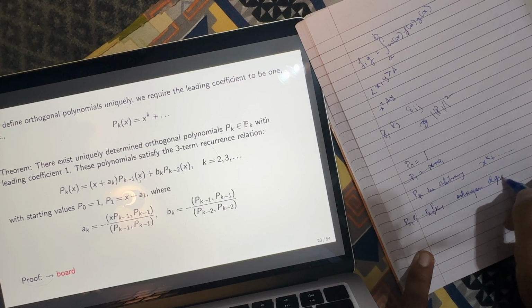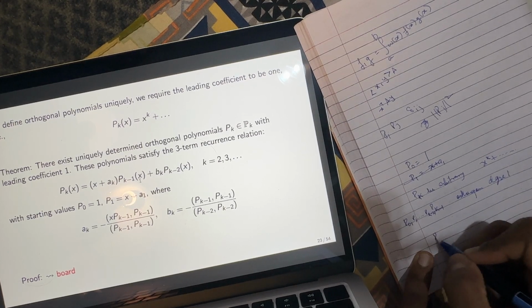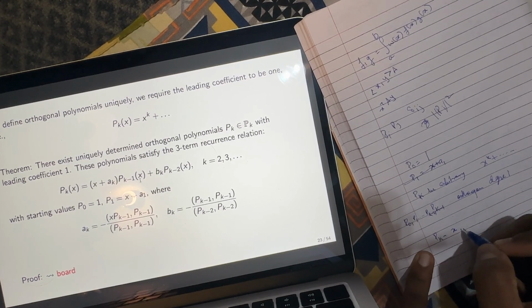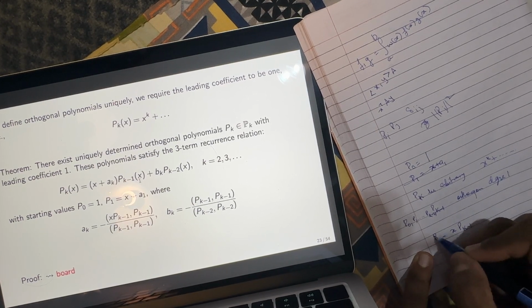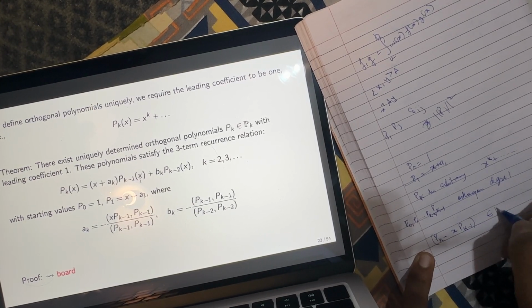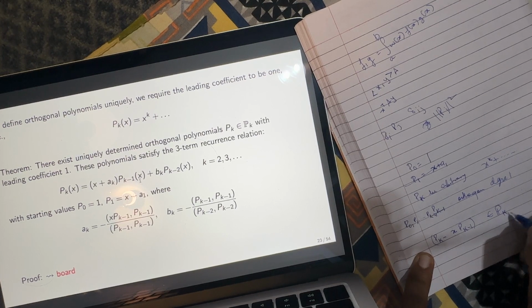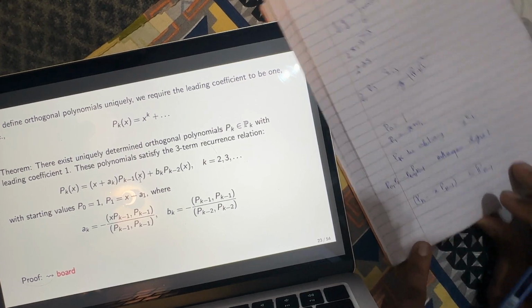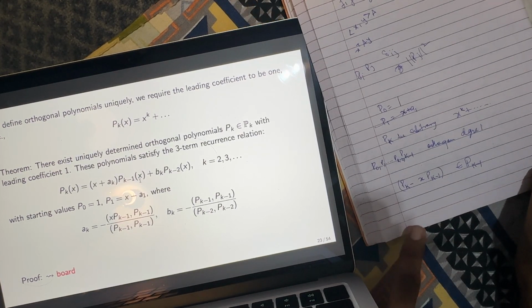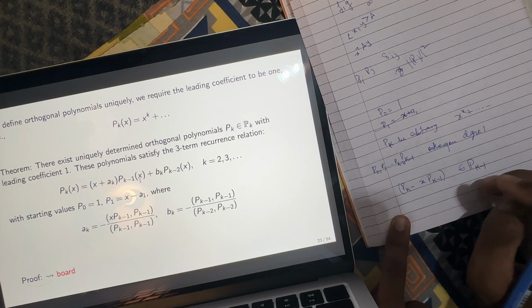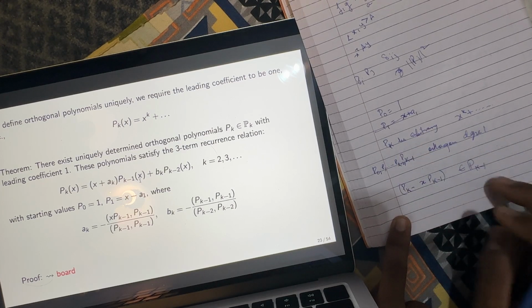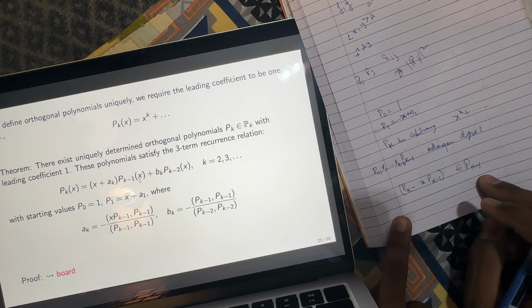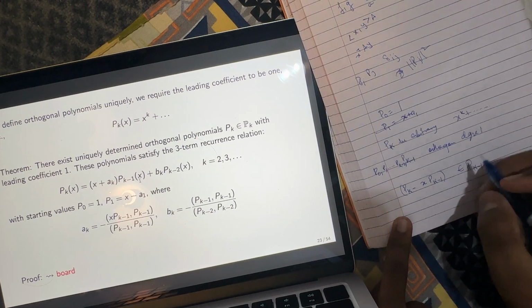So Pk minus x times Pk minus 1 belongs to this space of polynomials of up to degree k minus 1. They may not be leading coefficient 1 polynomials, but it still belongs to this space.